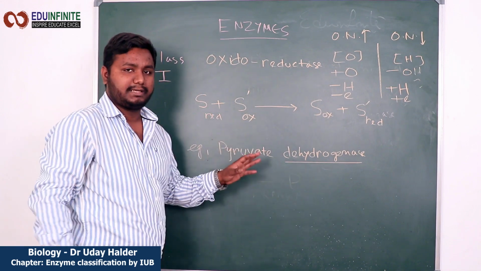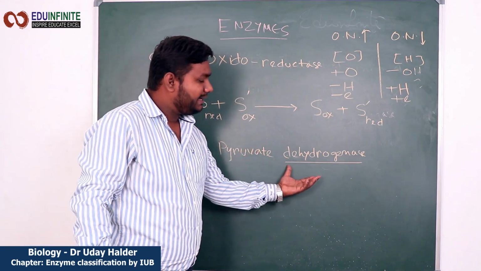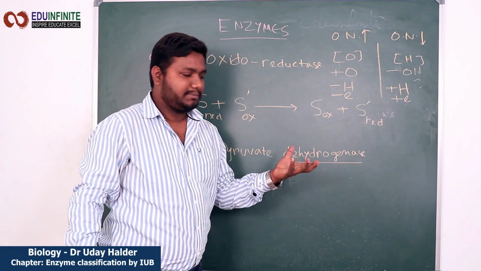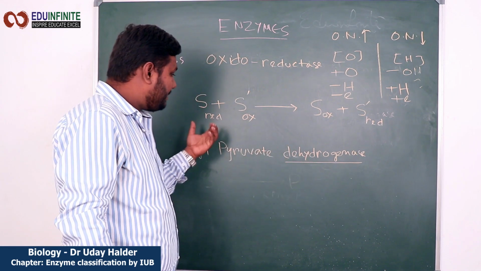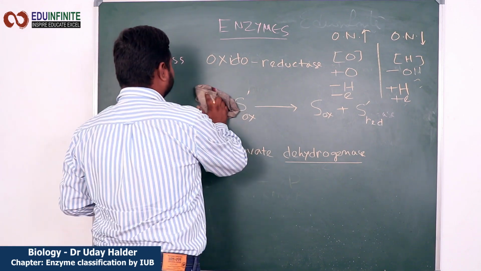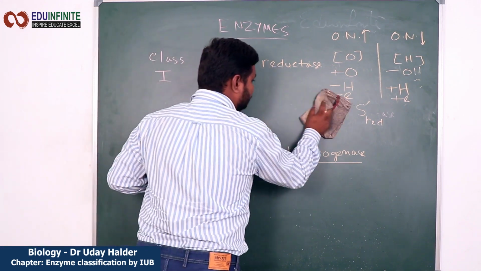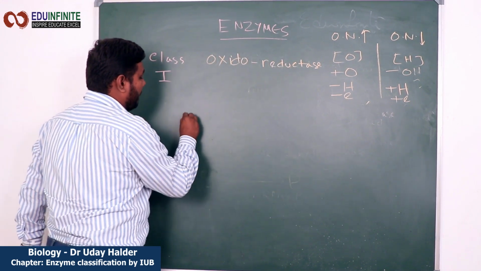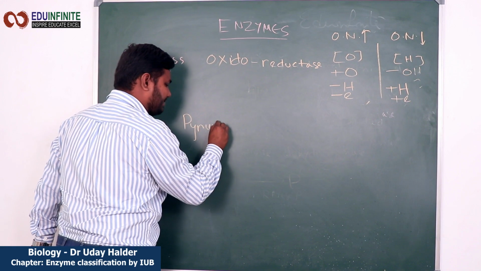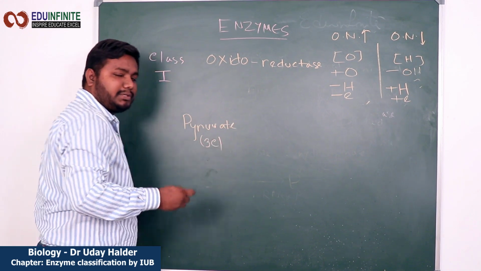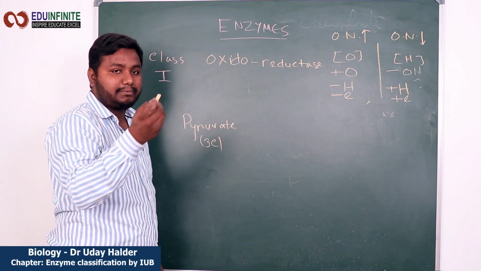So pyruvate dehydrogenase. Just look into the word dehydrogenase, meaning it is removing hydrogen from some substrate. So it is a kind of oxidoreductase enzyme. I'll show you the actual reaction. So there is a substrate called pyruvate or pyruvic acid, same thing, which is a 3-carbon compound which is produced after glycolysis, at the end of glycolysis.